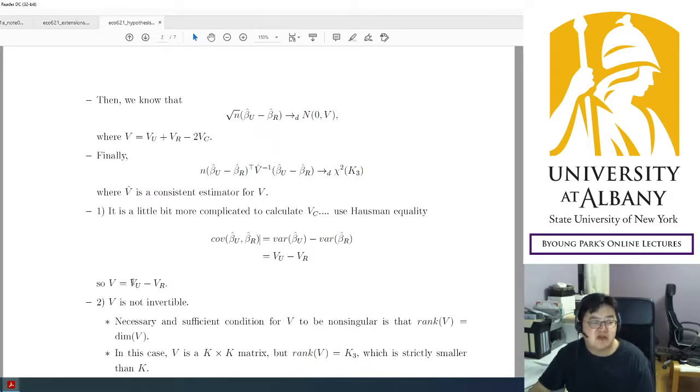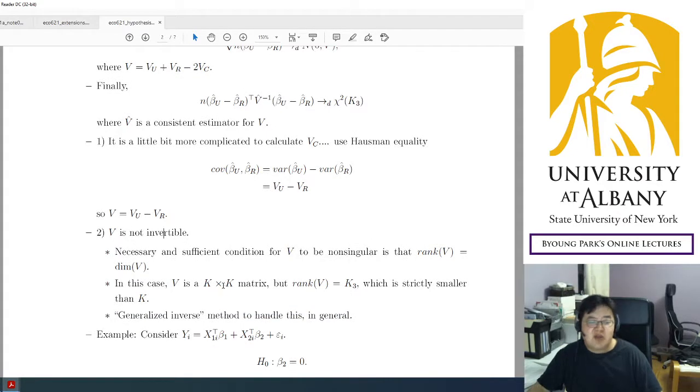Calculating the variance for the respective estimator is simple, like in Stata. Most statistical software can calculate the standard errors, this and this, for you, so it is easy to calculate. That is problem number one, which is resolved simply by the clever idea by Jerry Hausman.